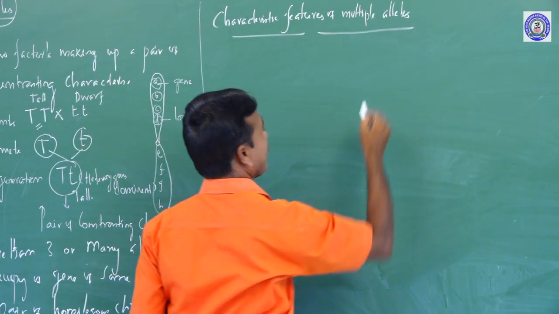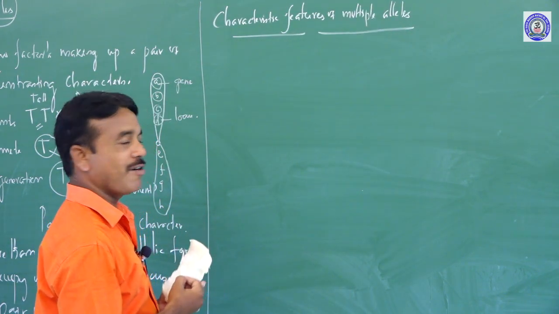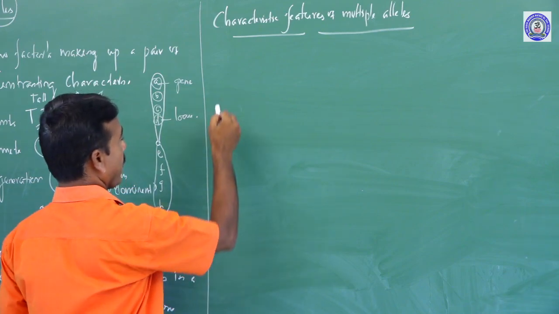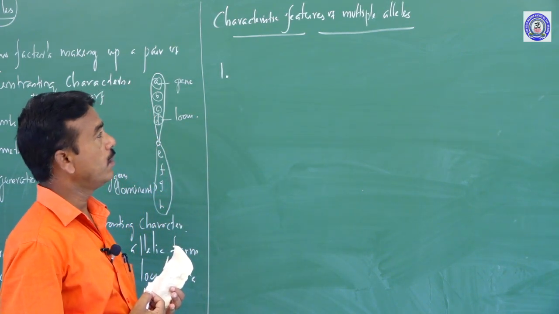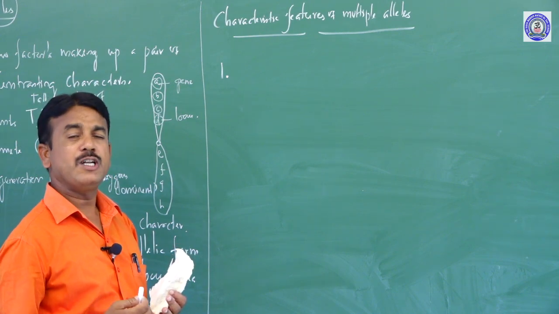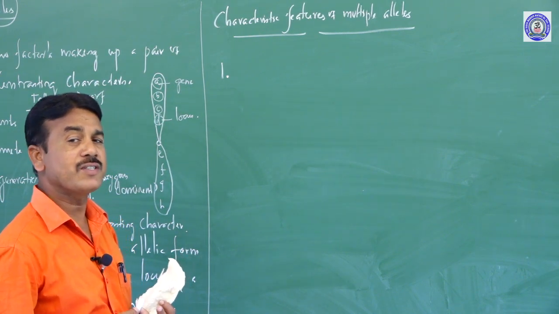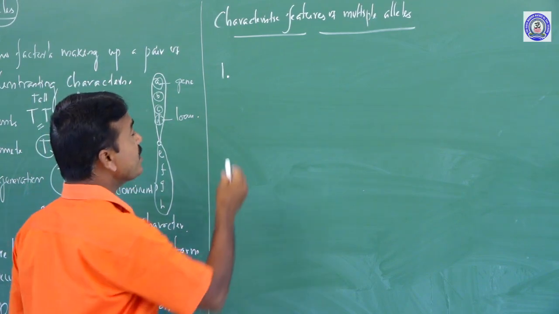What characters must be present in multiple alleles? The first one: multiple alleles occur in a series form.